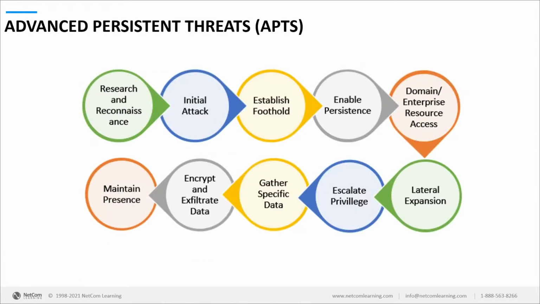Advanced persistent threats, as we talked about, are usually done by nation states or very high-level crime gangs. Sometimes they're the same. Sometimes crime gangs will operate on their own and then contract for a nation state. Kind of crazy the way it works.